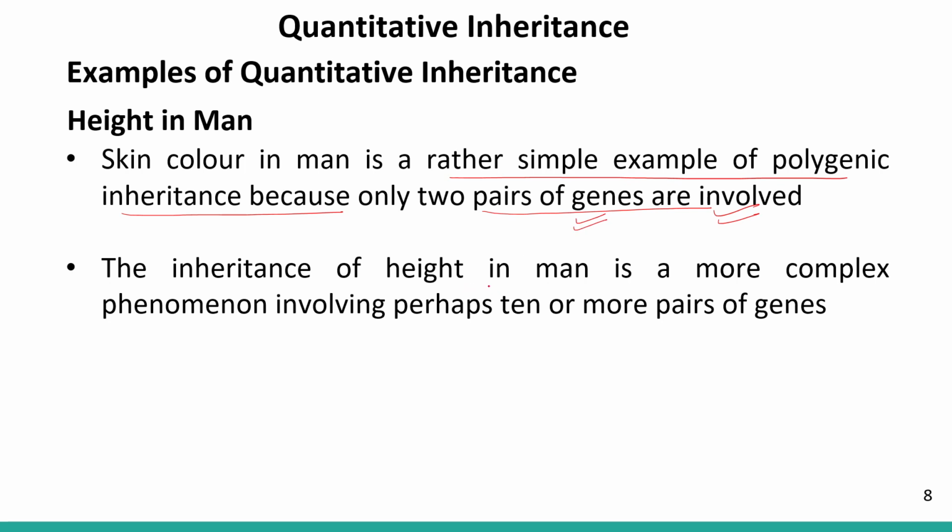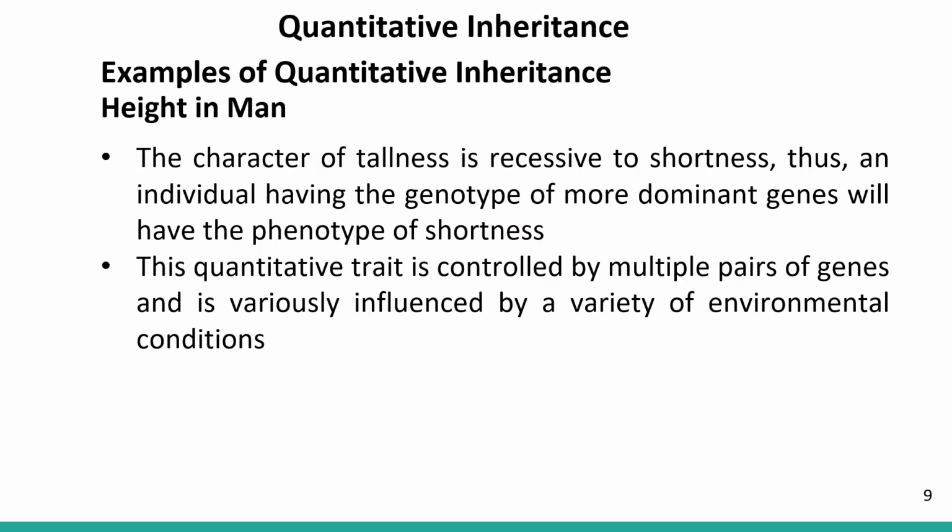So the inheritance of height in man is a more complex phenomenon involving perhaps 10 or more pairs of genes. So this one is more complex. This is also an example of polygenic inheritance, the height in man. But here it is more complex because 10 or more pairs of genes are involved, right? So the character of tallness is recessive to shortness.